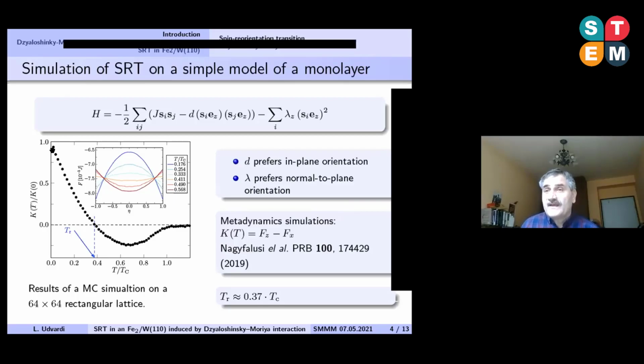This anisotropy energy starts at a given value and of course goes to zero, because in the paramagnetic phase there is no anisotropy, but at a given temperature it changes its sign. Okay, but it was a simple Monte Carlo simulation using some parameters.